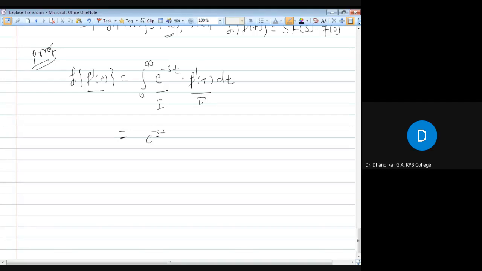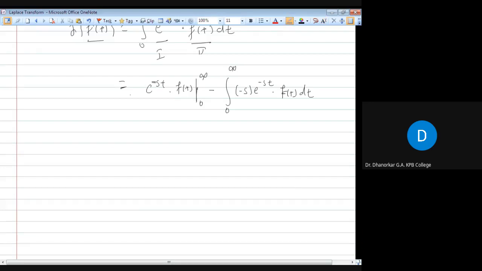E raised to power minus st into the integration of this function, which is f of t, with limits 0 to infinity, minus integration from 0 to infinity of the derivative of the first function with respect to t, which is minus s e raised to power minus st, into the integration of the second function f of t. Are you following, everyone? I am only finding the integration by parts here.